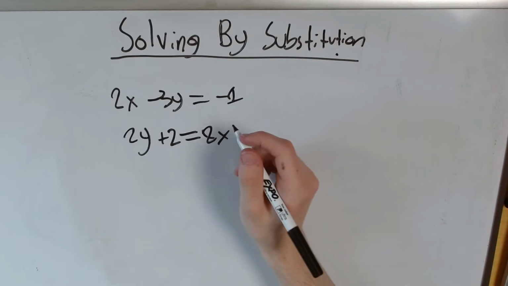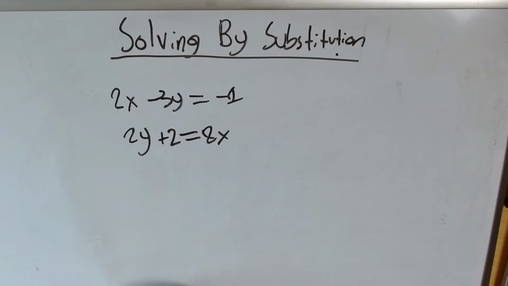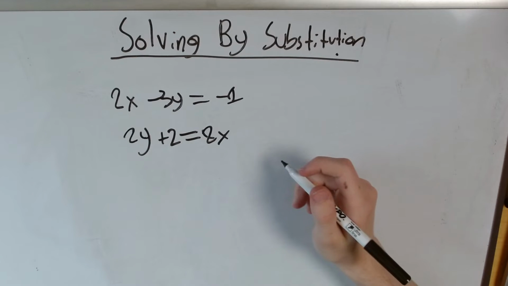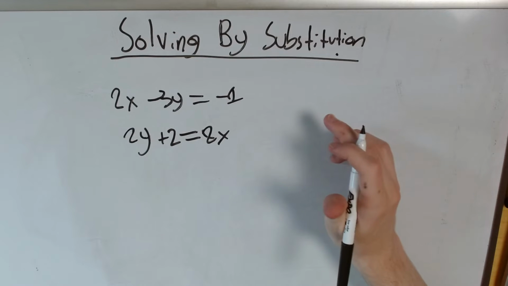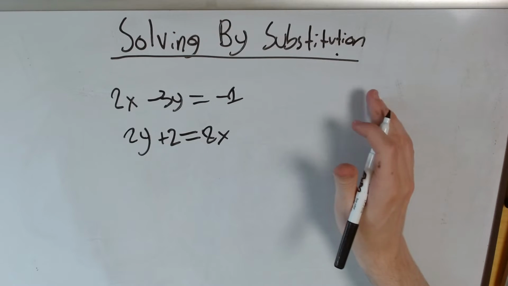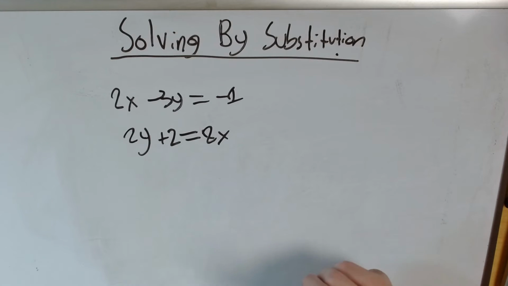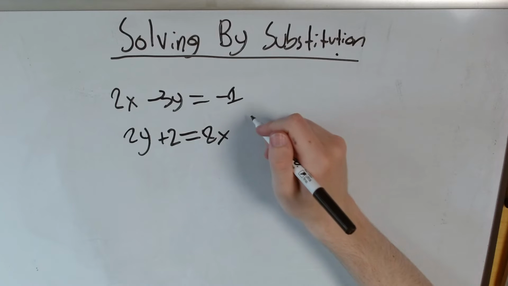Now, I'm in a bit of a pickle here, because neither of these are exactly in terms of x or y. My other systems that I had something like y equals negative 2, or y equals 6x minus 11. In this case, I don't have anything in terms of a single variable. So my first job is to do just that. Make one of these equations in terms of a single variable.